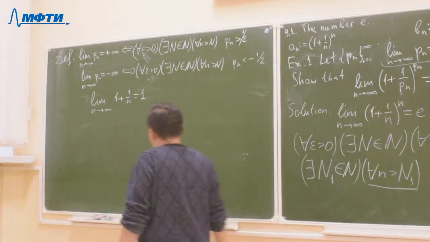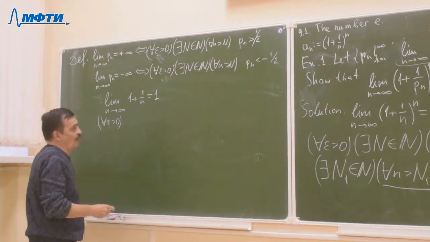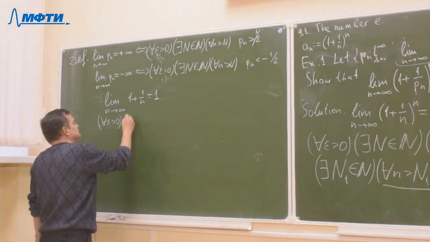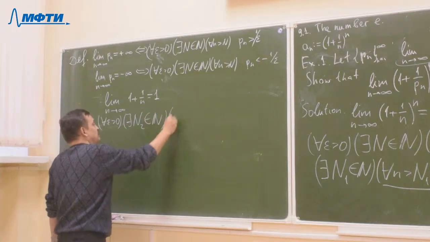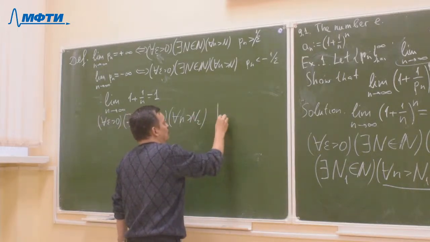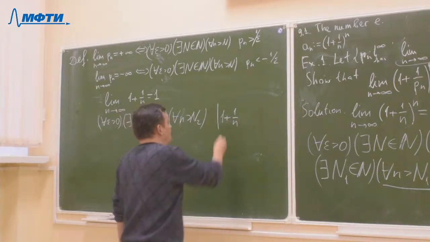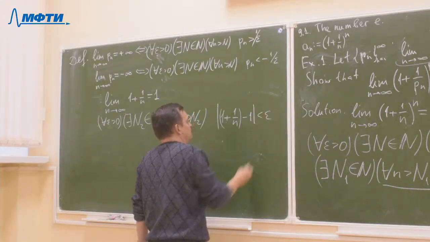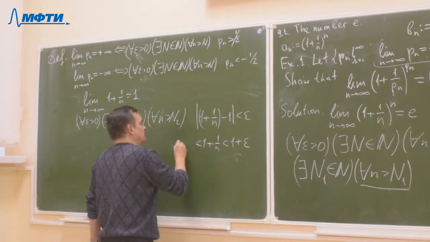So what it means is that for arbitrary epsilon greater than 0, I can find capital N2 natural, such that for all n greater than this N2, we have modulo 1 plus 1 over n minus 1 is less than epsilon, or 1 plus 1 over n is less than 1 plus epsilon and greater than 1 minus epsilon.